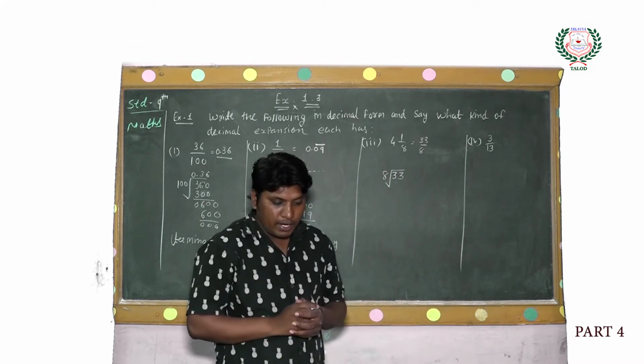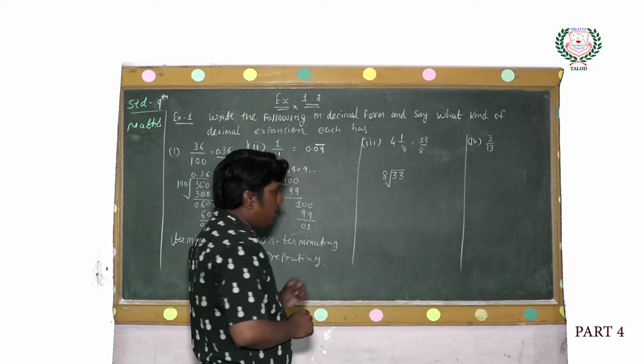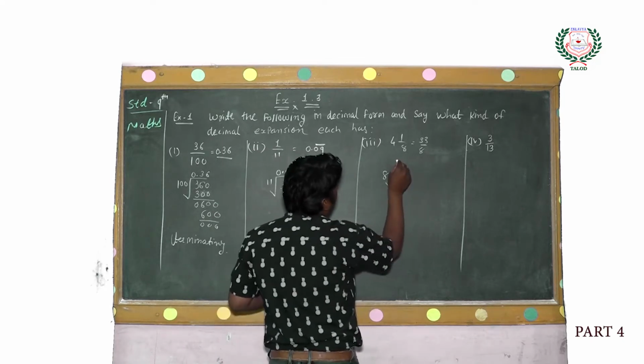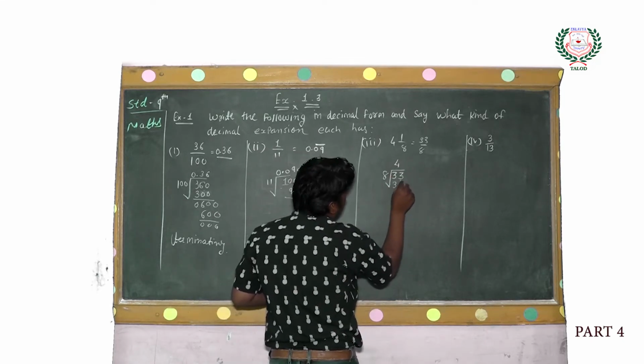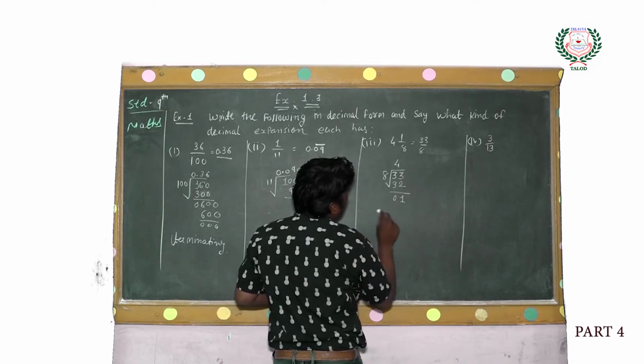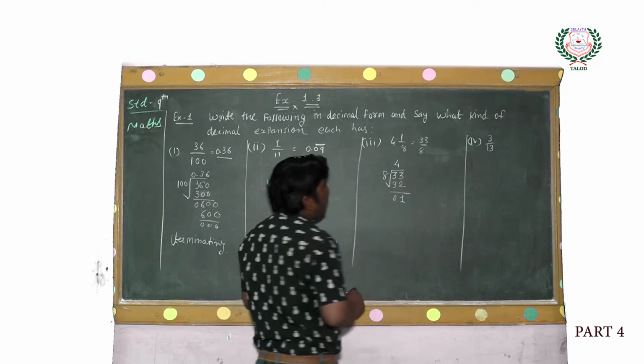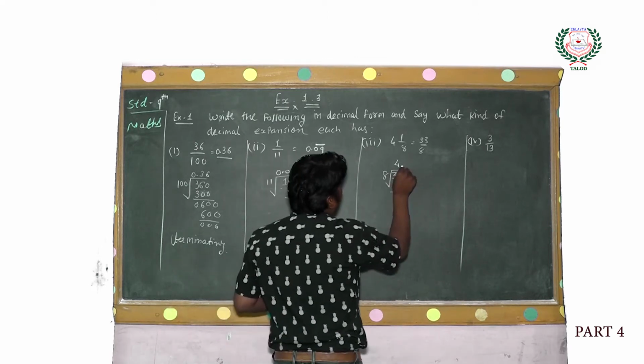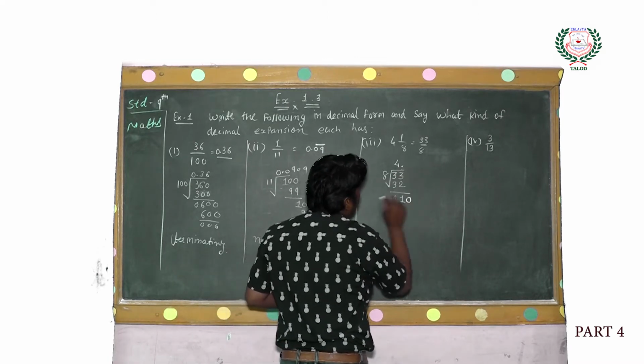We are going to divide 33 by 8. So what happened? 8 fours are 32. So minus, we get 1 and 0. Once again, now we cannot divide, so you have to put a point here and take a 0.